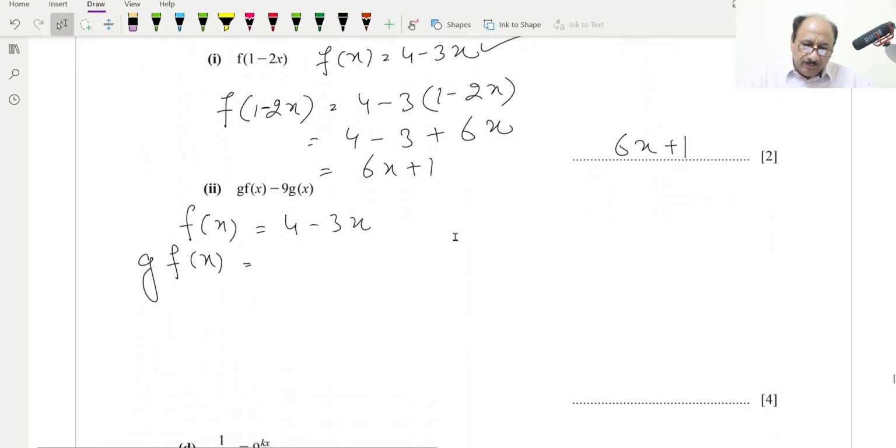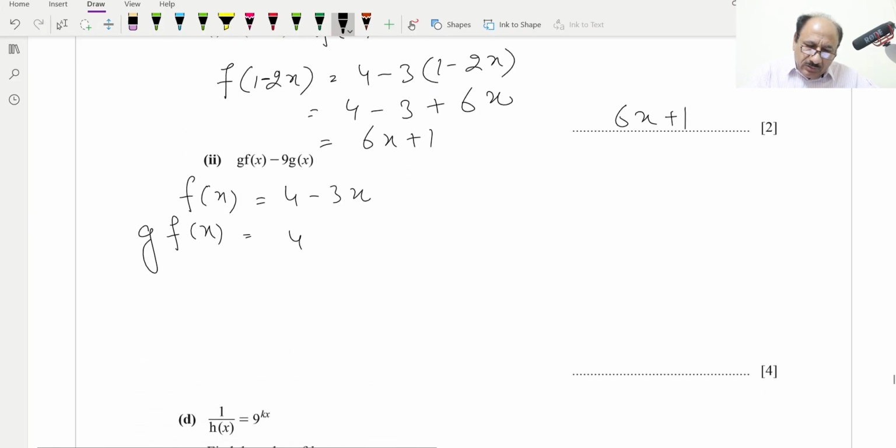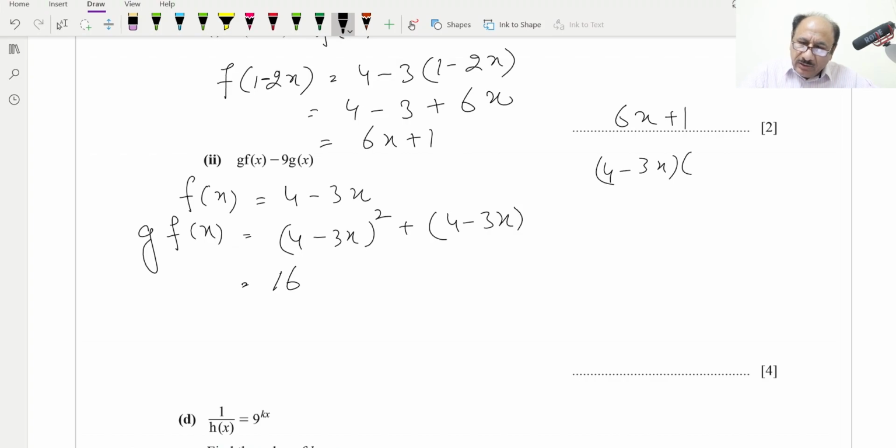So we will write (4 minus 3x) squared plus (4 minus 3x). Now we can open the brackets. I'm just opening directly by formula, or you can multiply these two also to get the same thing. So you can multiply and check.